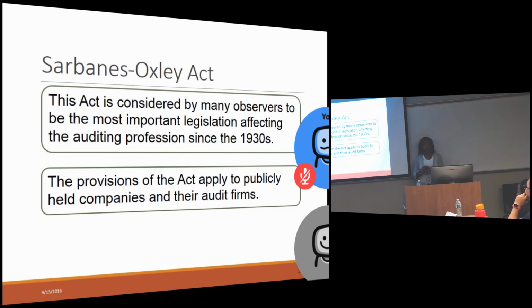So if you look on the PCAOB website, you can see copies of the inspection reports that they issue and the types of audit issues that they come up with. For example, I was just on there for a research project that I'm working on.